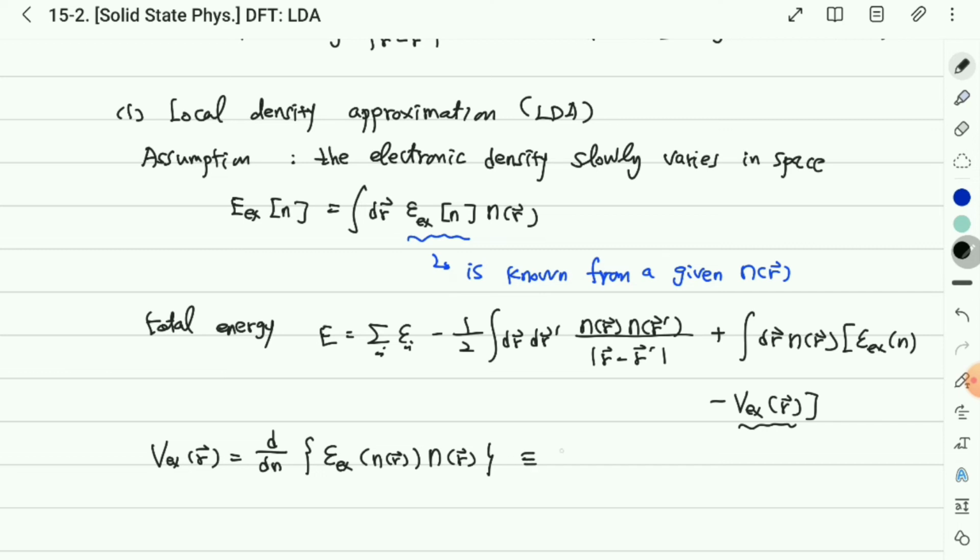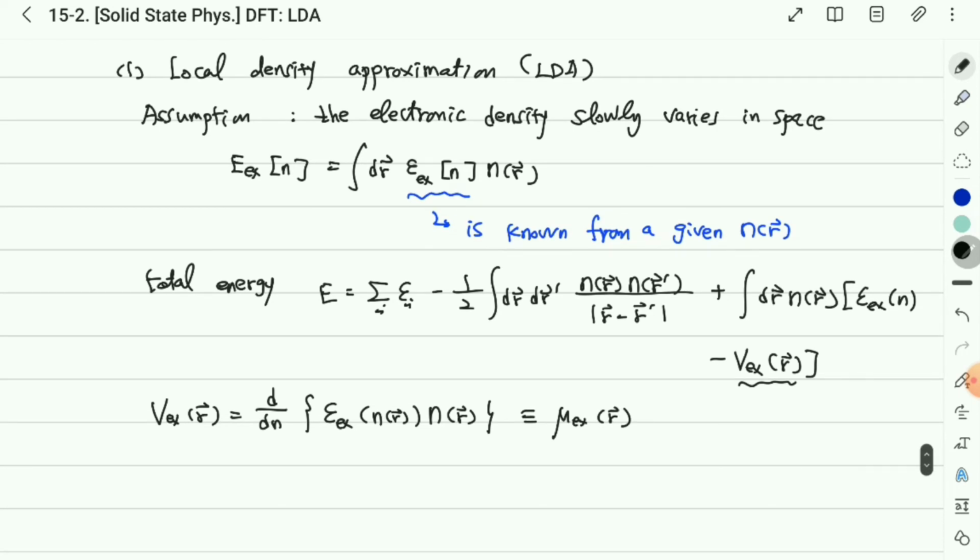We define it as mu_ex. In the mathematical formula, the physical interpretation is that it is energy, and the number derivative of energy is the chemical potential. Anyway, the chemical potential is also energy, and it is the exchange-correlation potential.